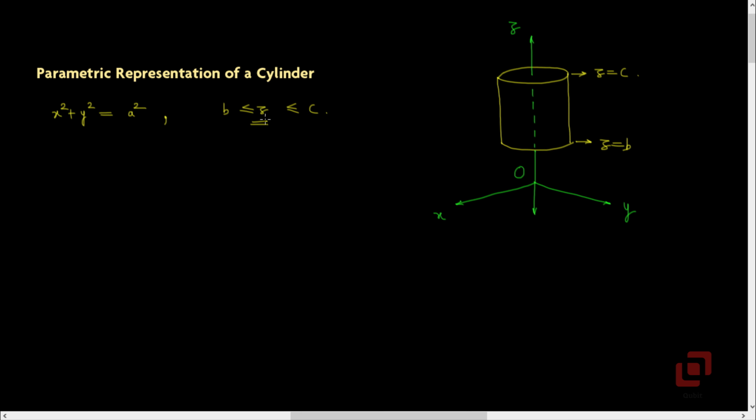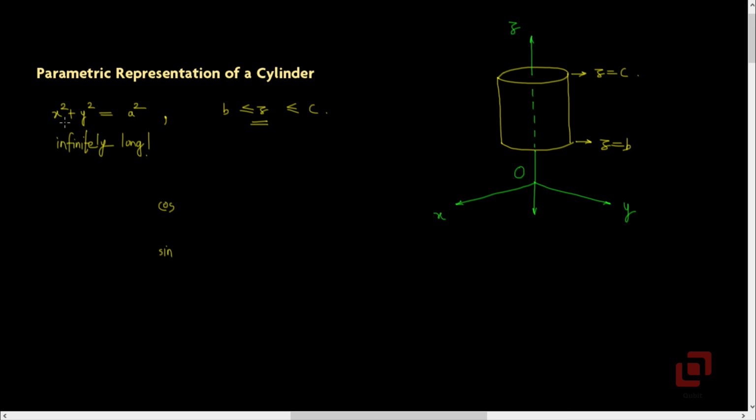If we had not constrained the values of z between b and c, then we would have got an infinitely long tube or infinitely long cylinder. Let us now obtain the parametric representation of this particular cylinder. The presence of x squared plus y squared indicates that we should make use of the trigonometric functions cos and sine.